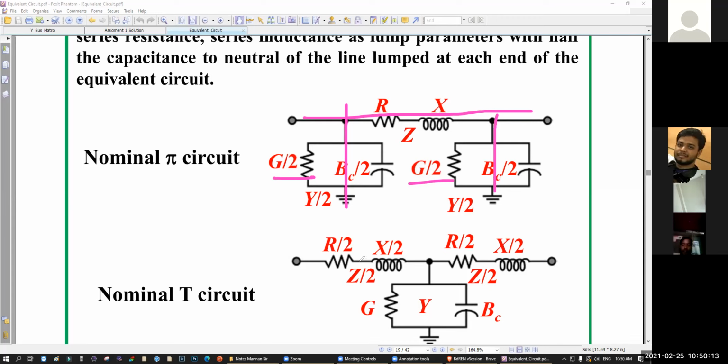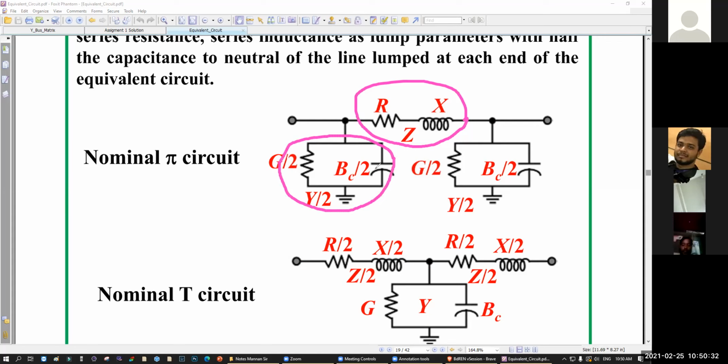And if you use the T model, your shunt admittance will not be half, rather your impedance will be half. See this one. This part is impedance, right? This one is not impedance. This one is admittance.